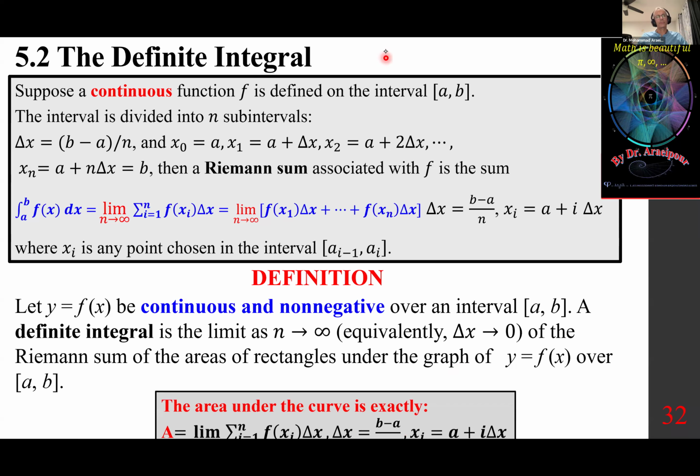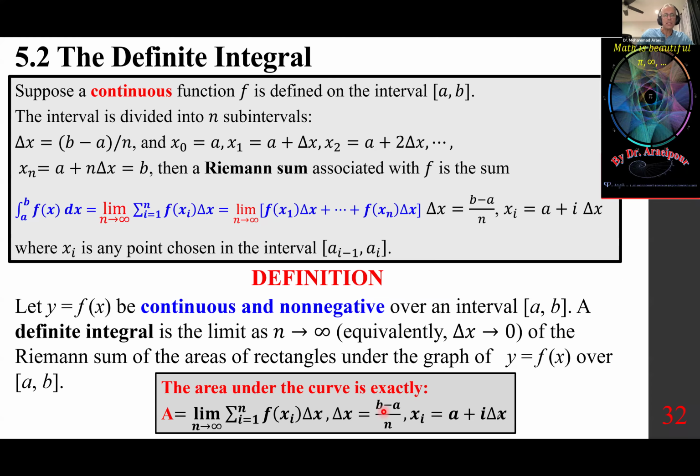In other words, when we take this limit, this becomes the area under the curve. So the area under the curve is exactly equal to this limit, as has been mentioned. So it's mostly something we have seen.